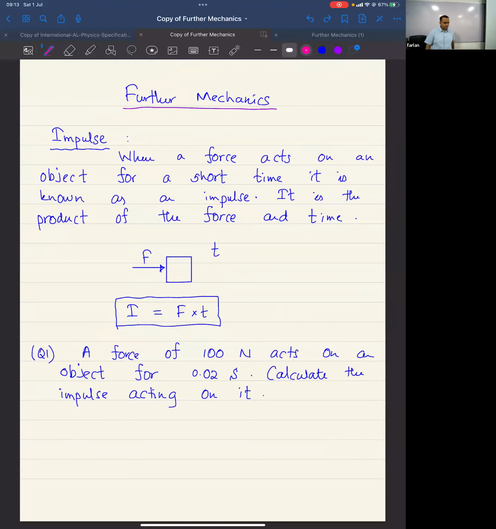Write down a question. A force of 100 newtons acts on an object for 0.02 seconds.